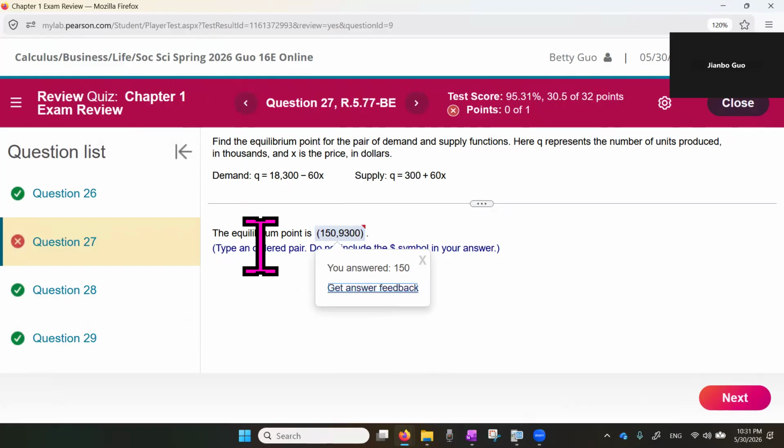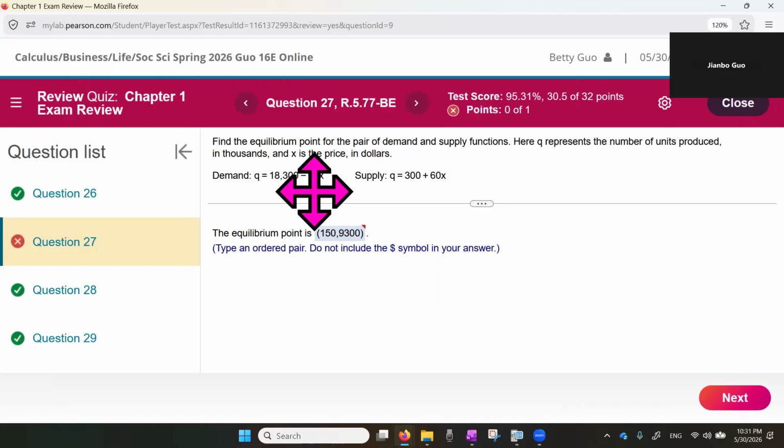Oh, okay, this is my bad. The equilibrium point has to be, okay, we need to read this. Type an ordered pair. Do not include the dollar sign. So we have x equals 150. We have to plug in x equals 150 to get the supply or the demand, which is 9,300. And you use 150 as the first component, 9,300 as the second component. So do not make a mistake like what I did.